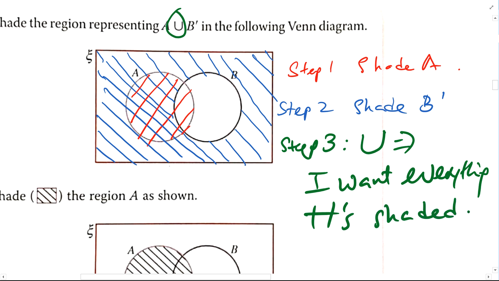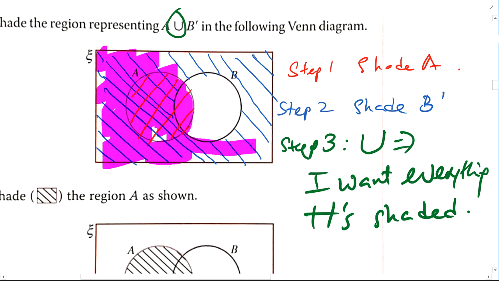So look at all the shaded parts, whether it is one stroke, one direction, or the other direction, or both. I want everything that is shaded. So the final answer is actually all this. Okay, you get the idea?